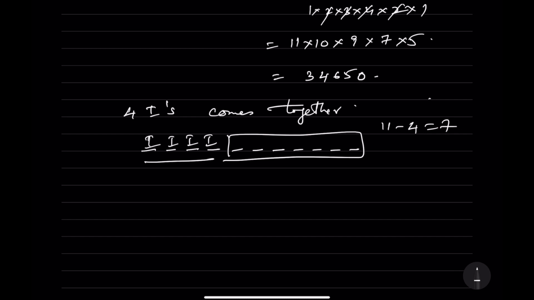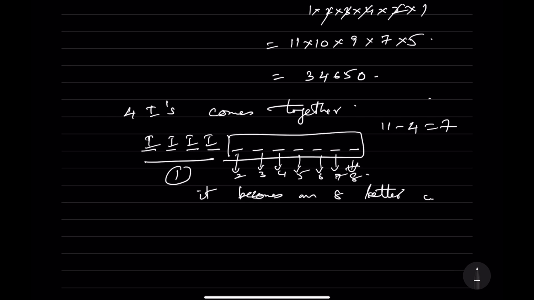Now this you can take as 1, then the second one will become 2, 3, 4, 5, 6, 7, 8. So now this becomes an 8 letter word, not an 11 letter word, because all the 4 I's we are getting, we are putting together.